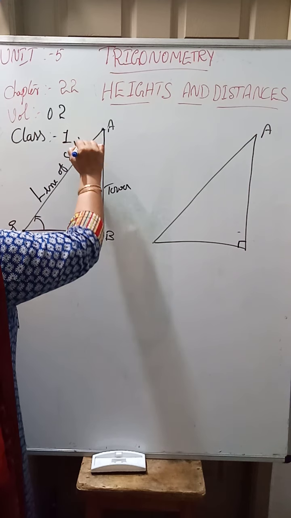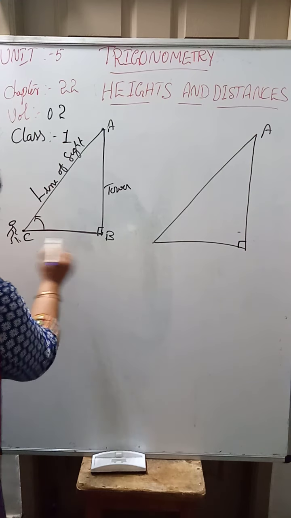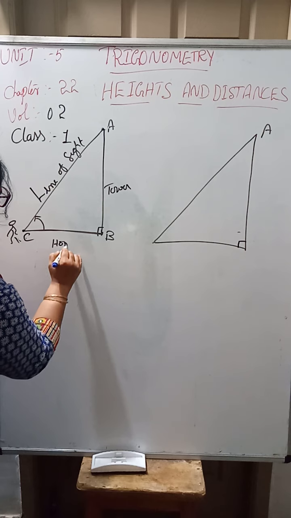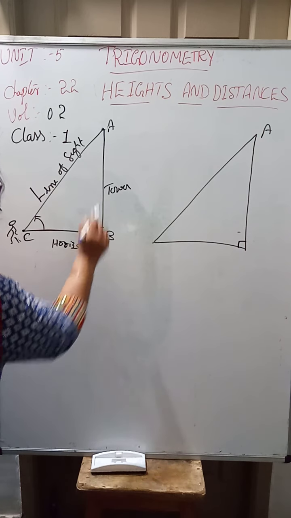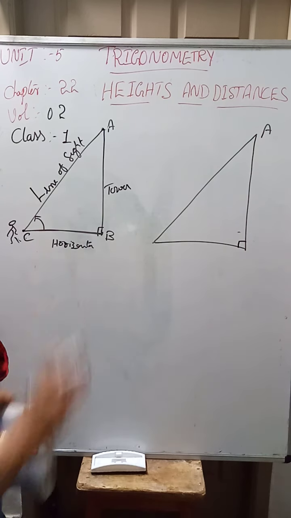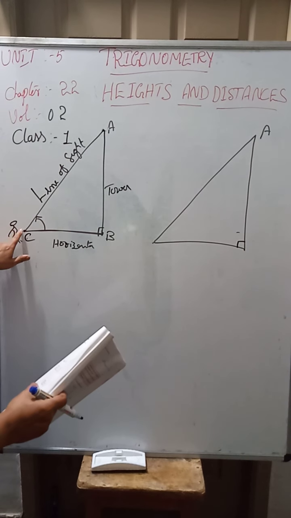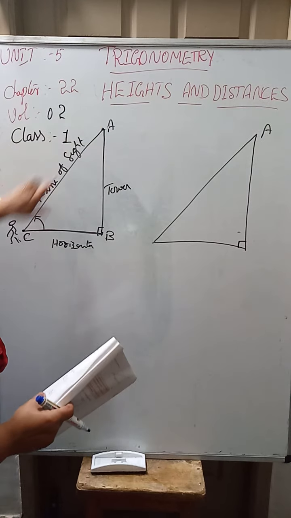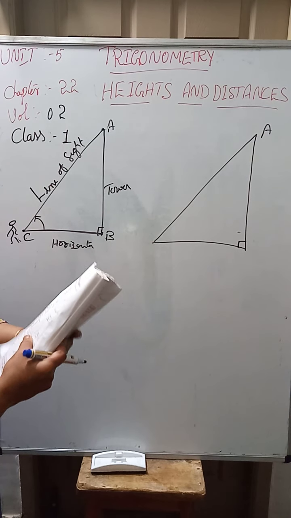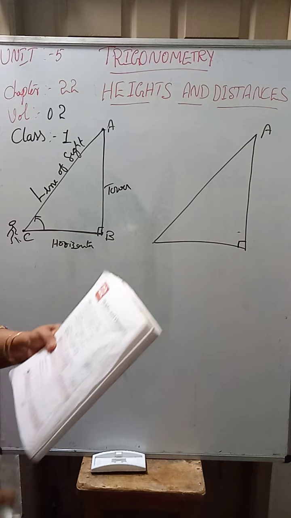Line of sight. And this is horizontal, and this is vertical, and we have considered it as a tower. Now the line CA joining the eyesight of the person and the object is said to be the line of sight.